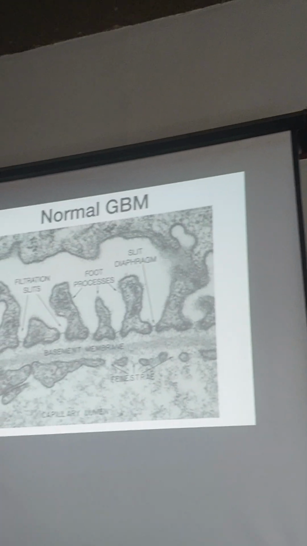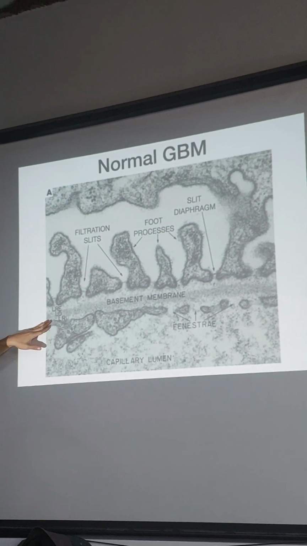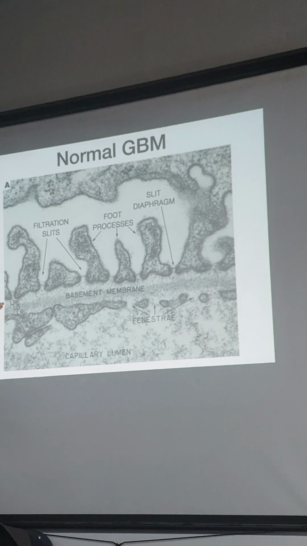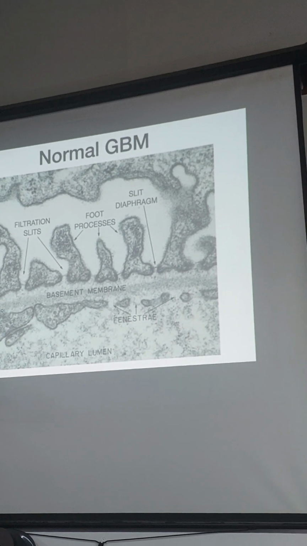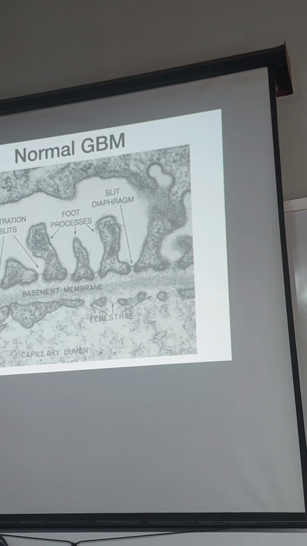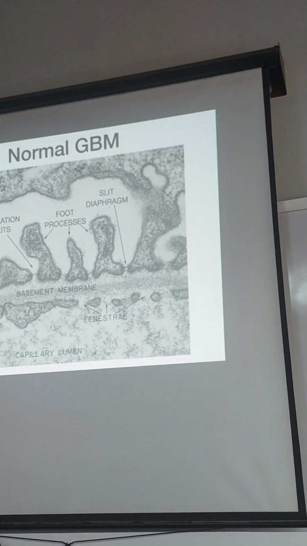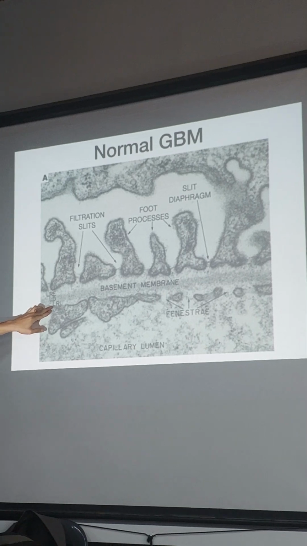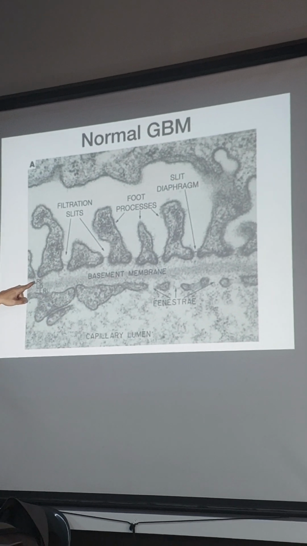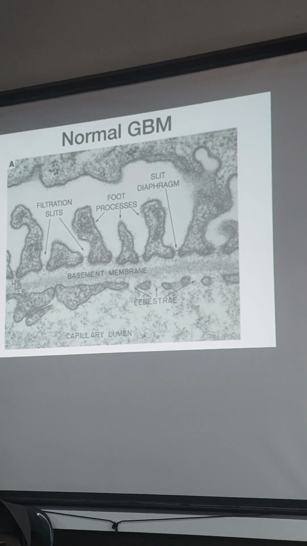These light areas are respectively called the lamina rara interna and the lamina rara externa. So when you see these, the internal refers to the endothelial surface. The external refers to the podocyte surface.